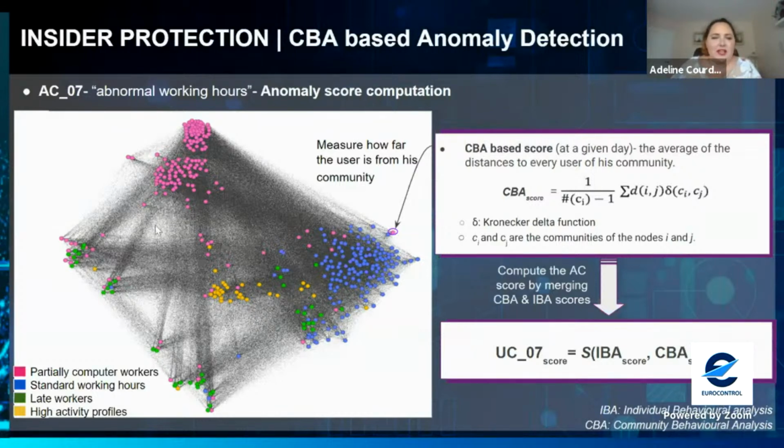Here, what you can view is graphs that reflect what we can do in terms of community behavioral analysis. So this graph is a representation of what the algorithm can do in terms of clustering of user behavior when we speak about abnormal working hours. So the different colors are kind of tagging the type of users that we have. For instance, here in pink, you can see users that are partially working in front of the computer.